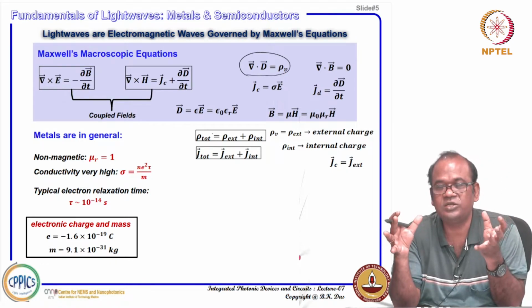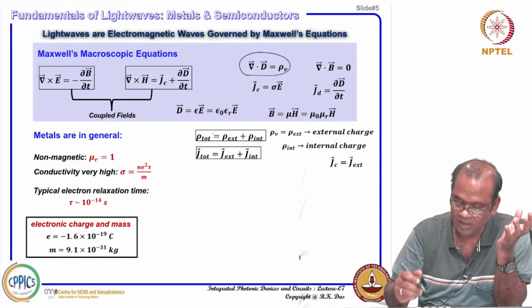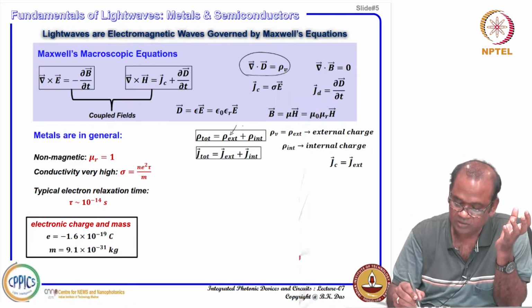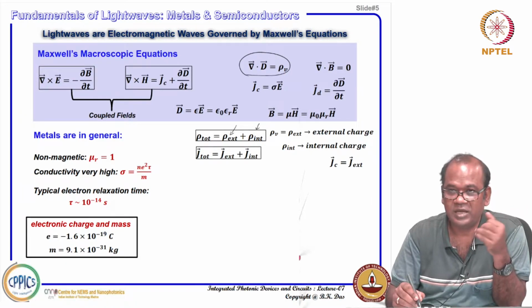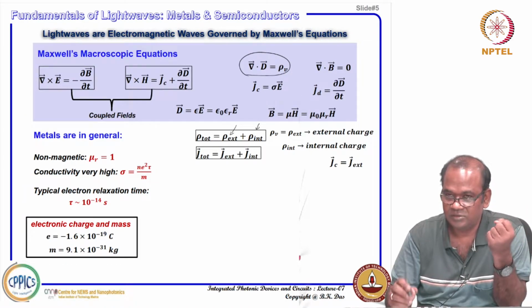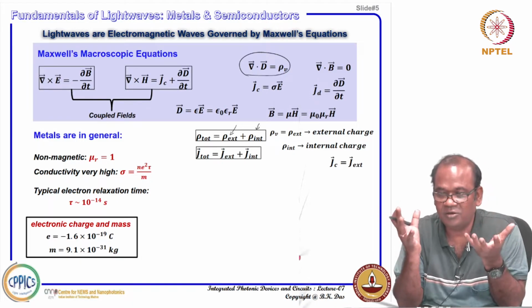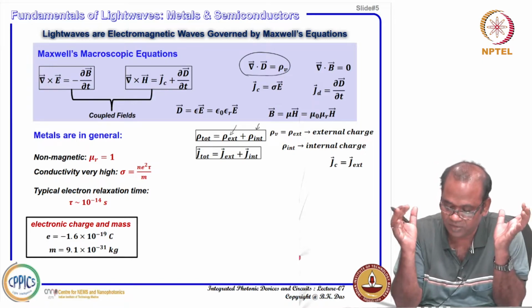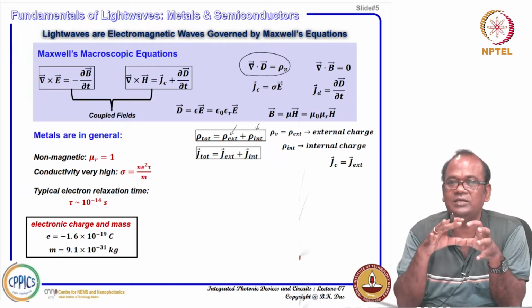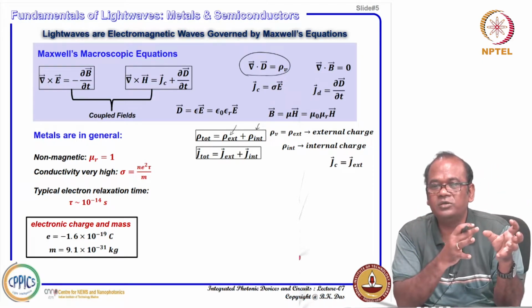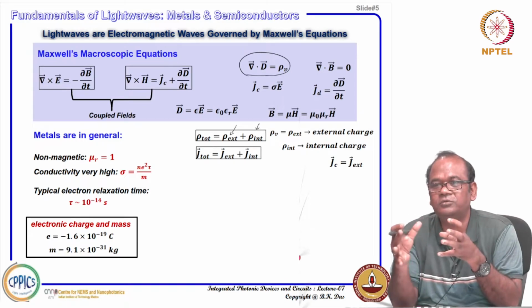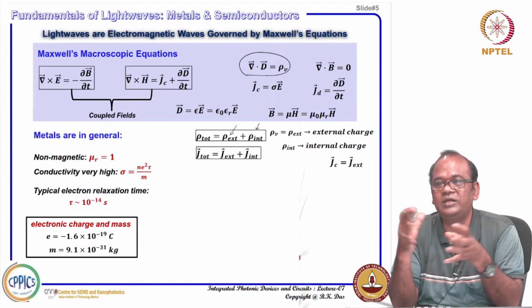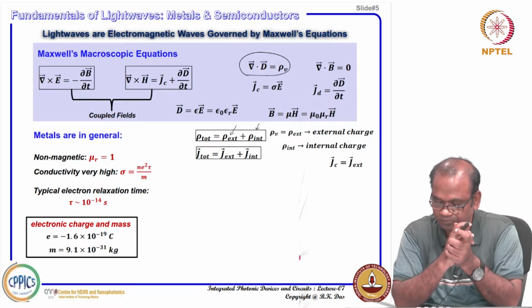So, divergence D equals charge density, which we consider as two parts. One is called charge external, which you can think of as free, or excess carriers incoming, and rho internal, which is the part bonded to lattice points, or the internal polarization you can think of.